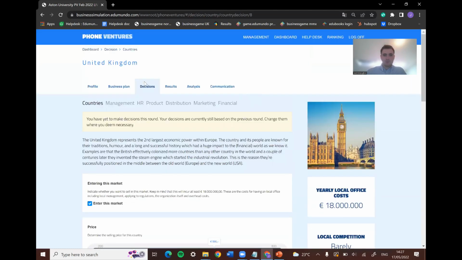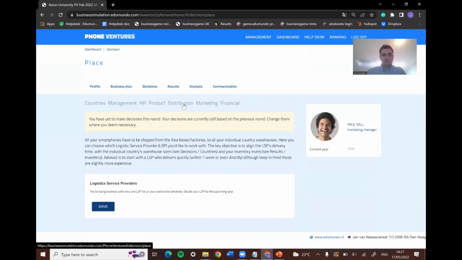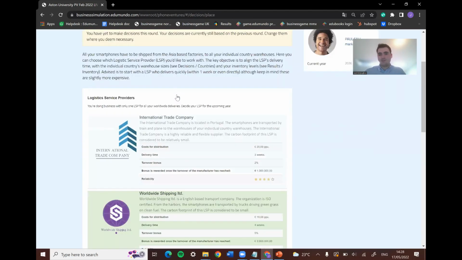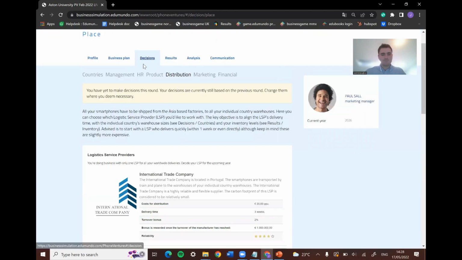And just to draw your minds back to it, it has worldwide shipping, and they have a delivery time of 4 weeks. This is very important in terms of setting the automatic order limits within each country. You're going to have to calculate the lead time to make sure that you have enough inventory in stock.